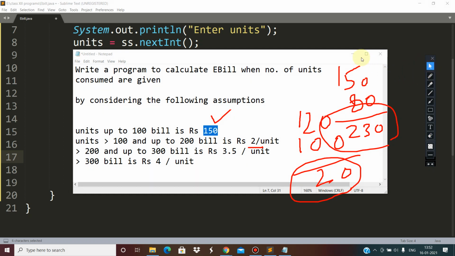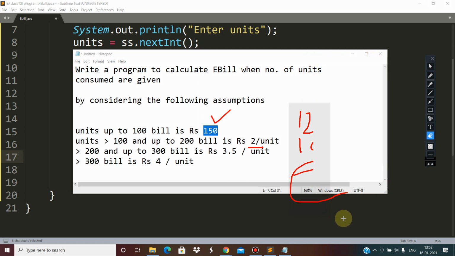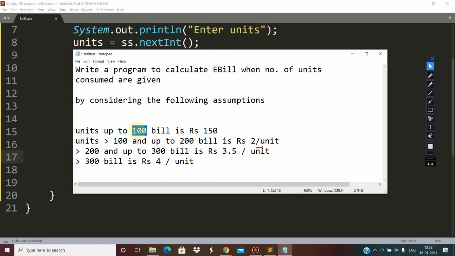Okay. Child, suppose you are the user and I am the electricity board chairman. Suppose you have consumed 120 units. How much bill do you want to pay? Just keep yourself in this place. It is clearly written that whatever units you have consumed, you only have to pay the bill of that.